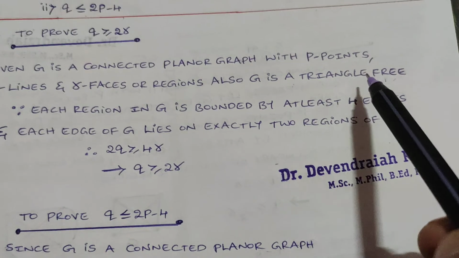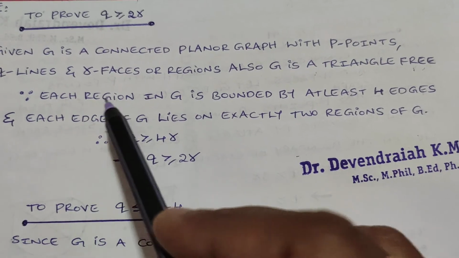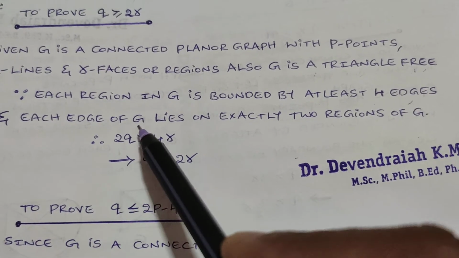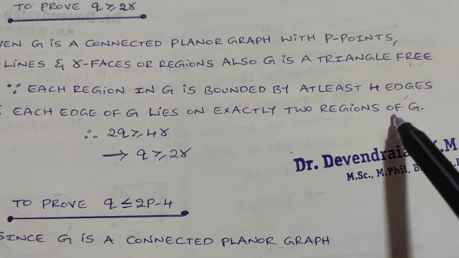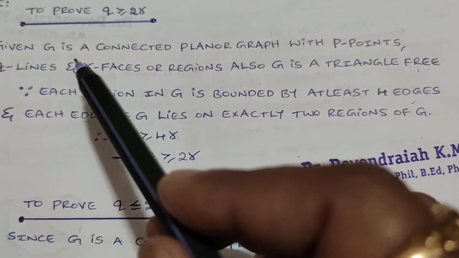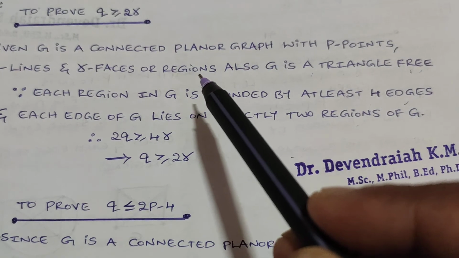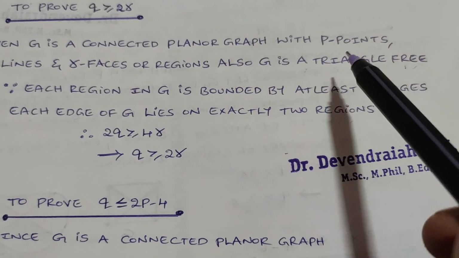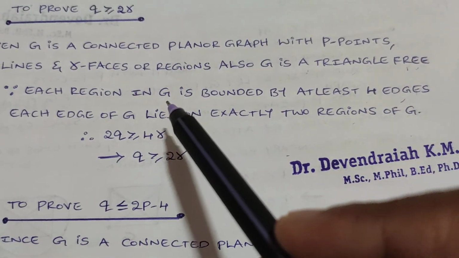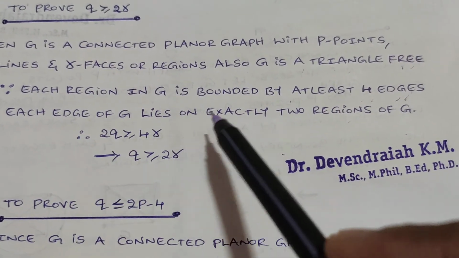The meaning of G being triangle free is that each region in G is bounded by at least 4 edges and each edge of G lies on exactly 2 regions of G.